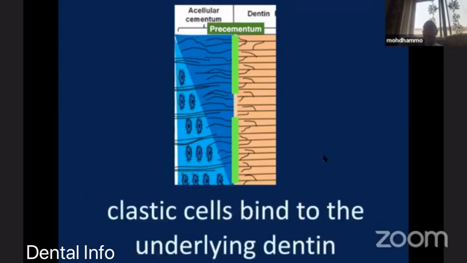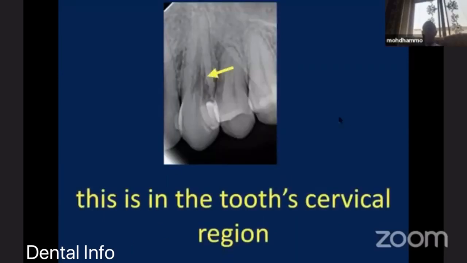Then the clastic cells, osteoclasts or odontoclasts, will bind to the underlying dentin, and then those cells will enter inside the dentin and cause the resorption. Because the resorption occurs at the cervical margin, we call it cervical resorption.